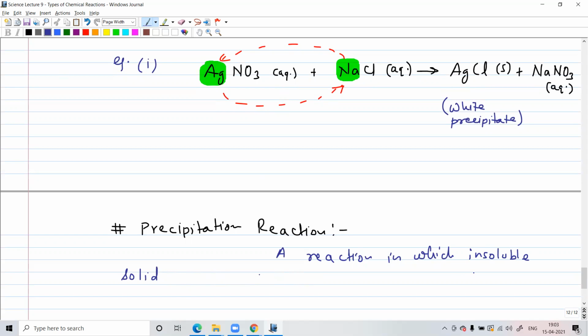So whatever insoluble solid you see here, that is what is called precipitate. Okay.